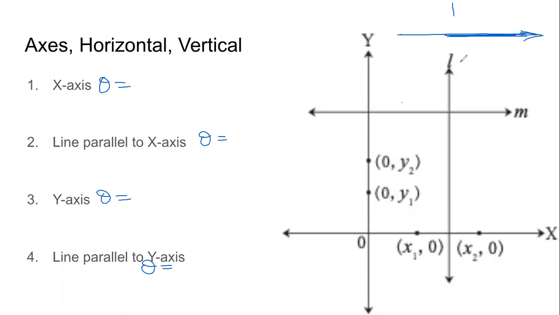So what is the angle that the line is making with the positive direction of the x-axis, not the negative direction? Chand is saying acute. I'm not asking about the nature of the angle, beta, I'm asking you the measure of the angle. Chanda is saying 90 degrees. Really, beta? If we draw a line on the x-axis, you are telling me it is making an angle of 90 degrees with the x-axis. How is it even possible?